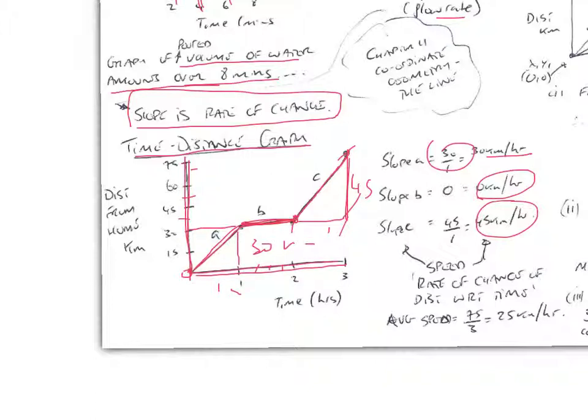And just out of interest, for the average speed over the 3 hours, we divide the distance, the rise, over the run, and we're getting a more averaged value if we take the slope of a line straight from the start to the finish.